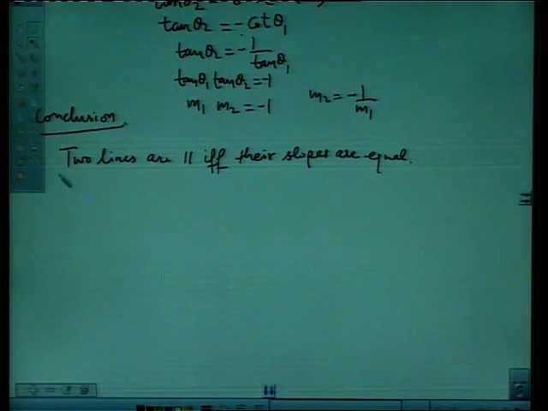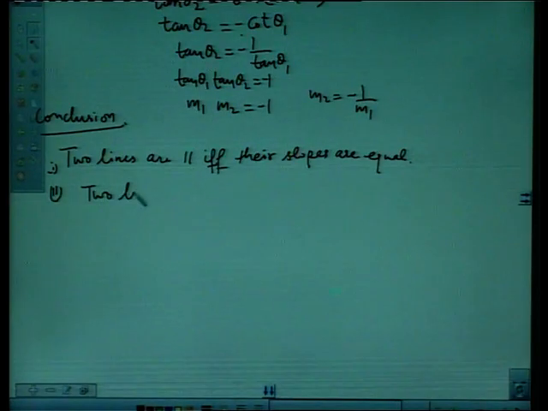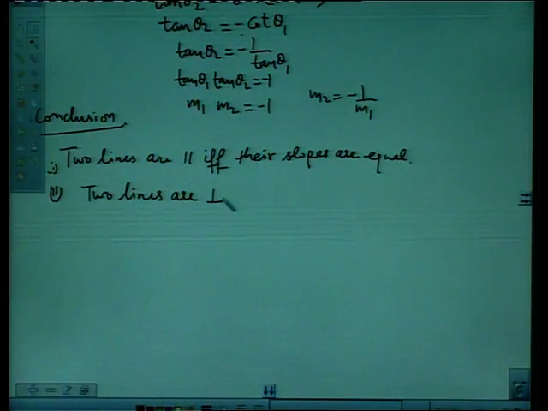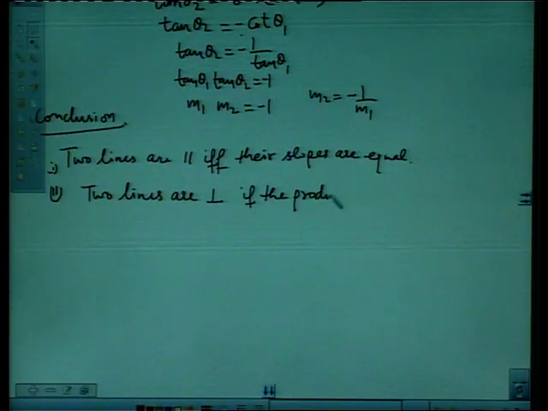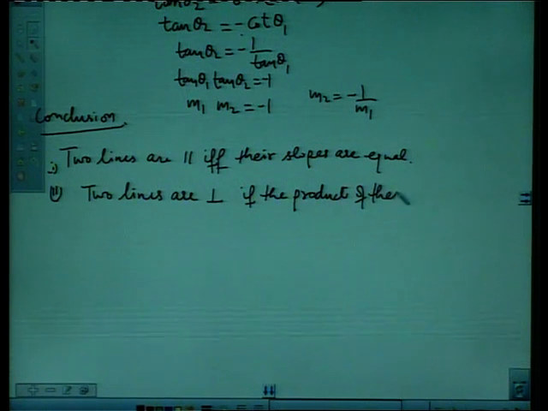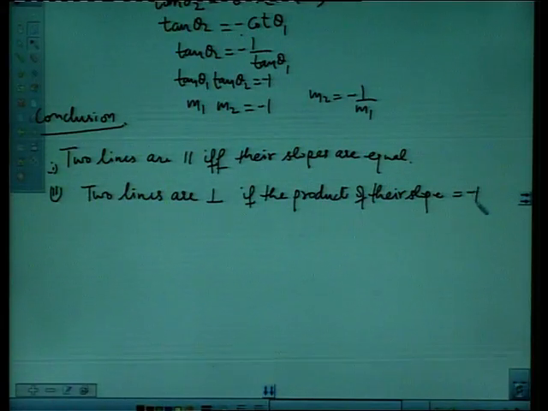Number 2, two lines are perpendicular if the product of their slopes is equal to minus 1.